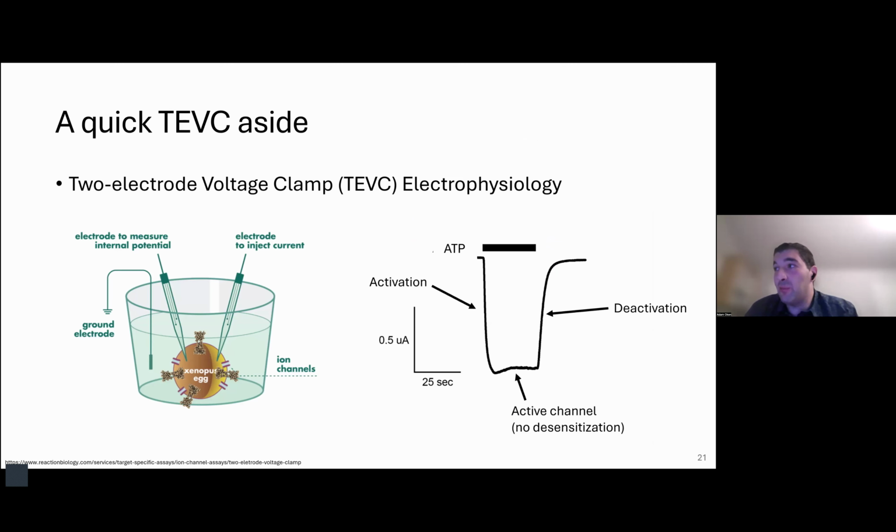Before we go into this story more, I want to give a quick aside to introduce molecular physiology. One of the functional techniques to assay whether an antagonist is good or bad, or an agonist is good or bad for an ion channel, is to use electrophysiology. All of the electrophysiology I'll show you today is TEVC, or two-electrode voltage clamp electrophysiology.